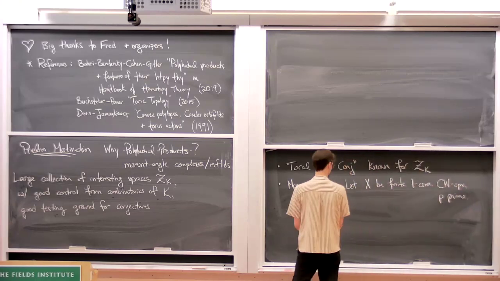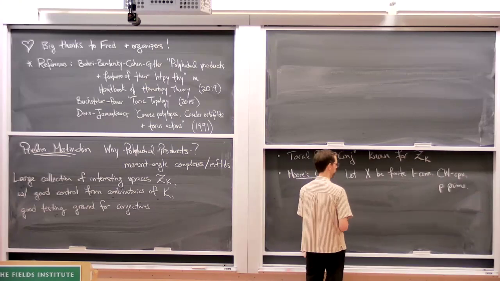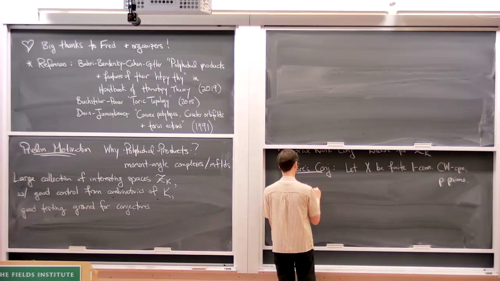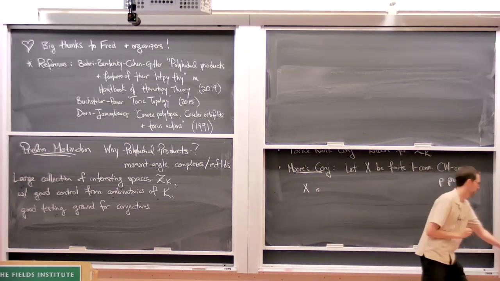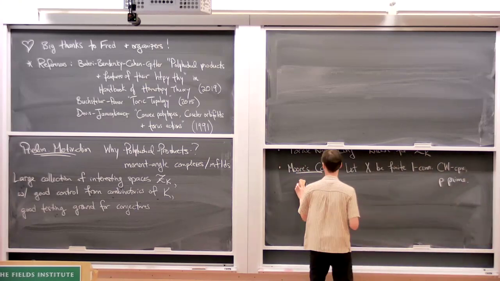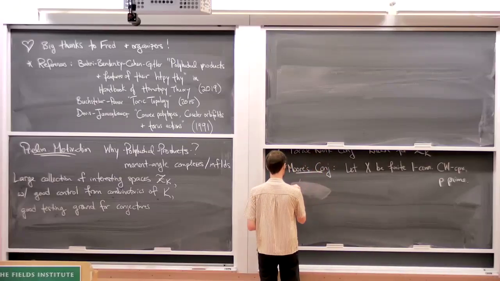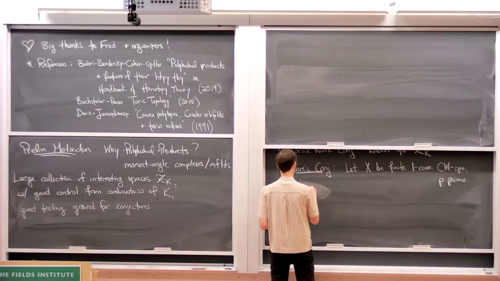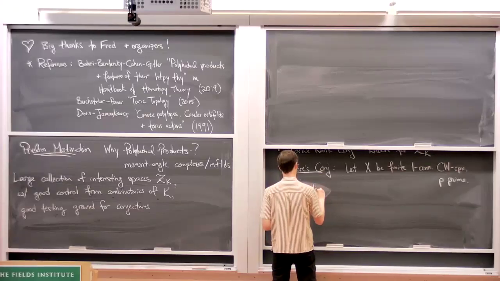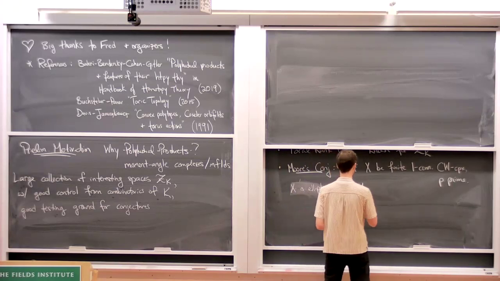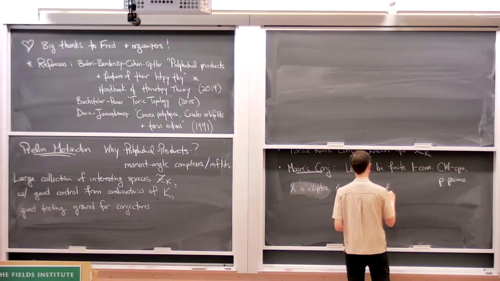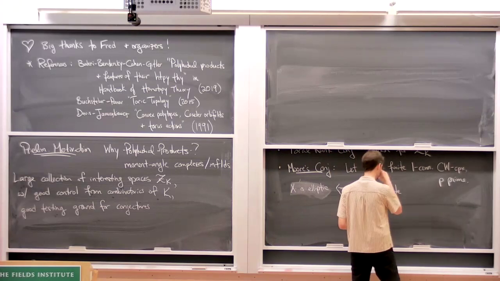Then the conjecture is that X should be elliptic, or what's called rationally elliptic, if and only if X has a finite homotopy exponent at P.